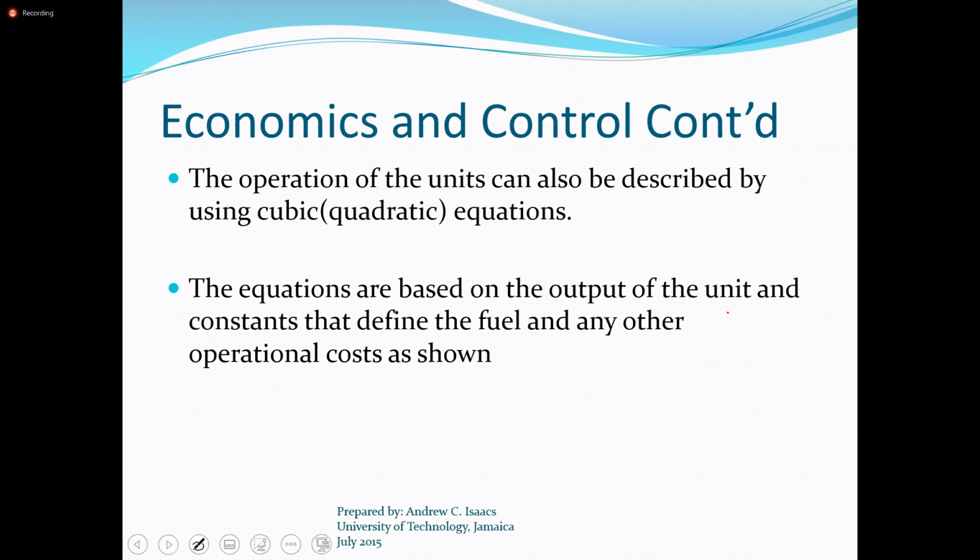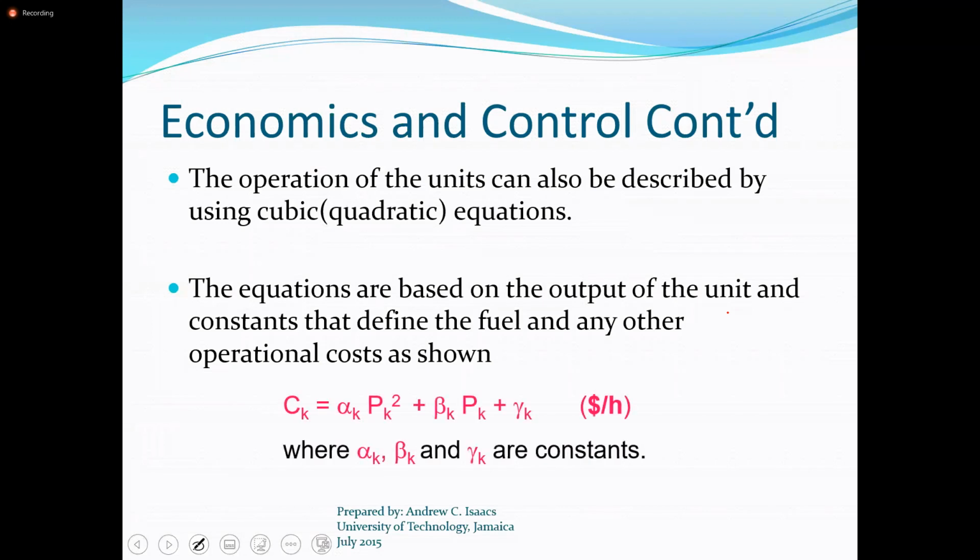So there were some fixed costs associated with operating a unit. So the equations also look at the variable cost component, the cost that will be dependent on how much you are producing, but there's also a fixed cost. And so the equations are given in this form.